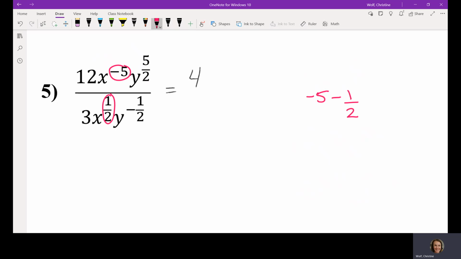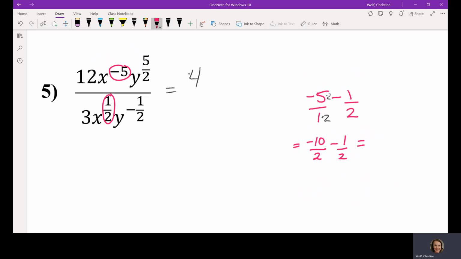When you subtract fractions, what do you need? Common denominator, and they don't have it. This 5 is technically over a 1. But I can very easily find common denominators by multiplying it by 2. Now they're both over 2, right? But what I do to the bottom, I have to be fair and do to the top. So this becomes negative 10 on the top over 2 minus 1 over 2.